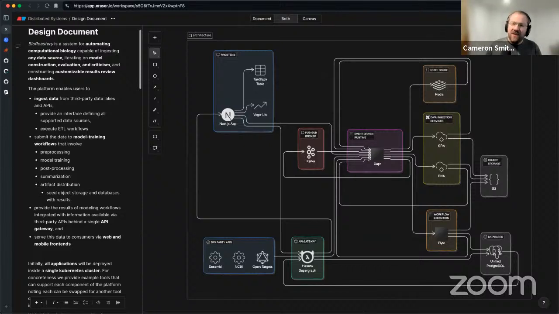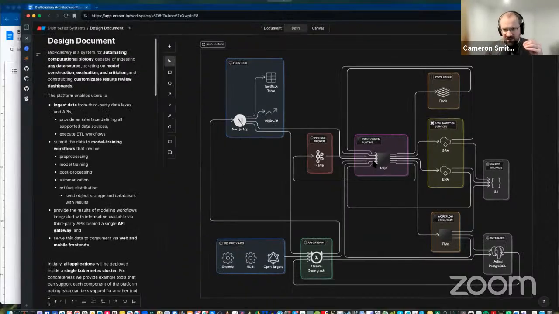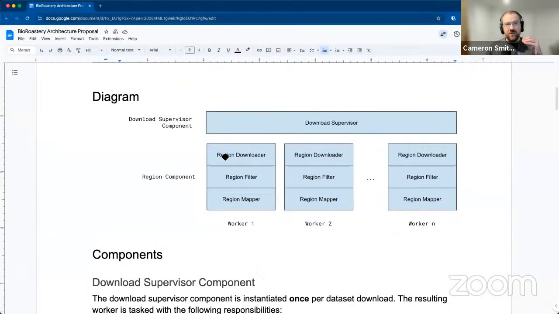But I think the second thought I had was what I like about what you're proposing. Last time we held the symposium, when you mentioned the download supervisor, my initial inclination was, well, what do you mean there's only going to be one of them?